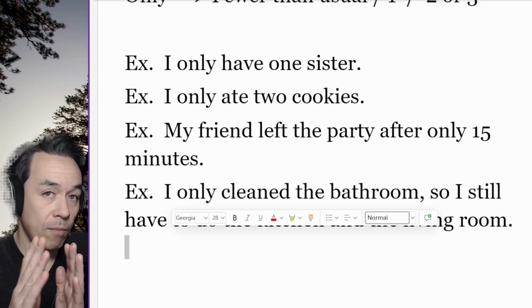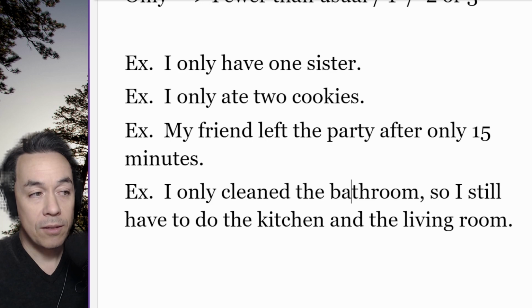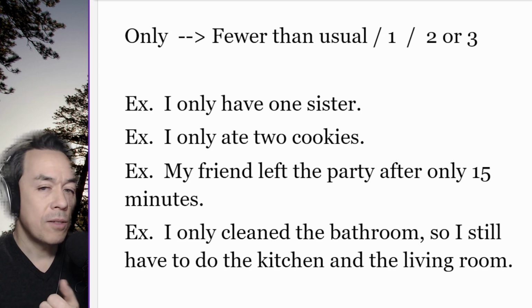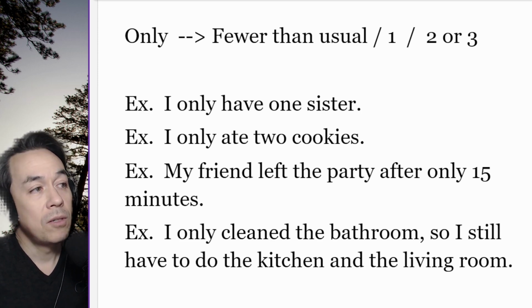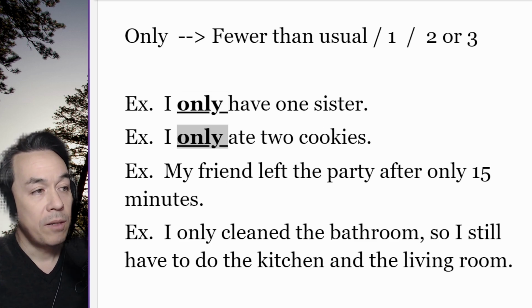So the full set is 3, the full mission or task is 3, but at the moment, only 1. Okay. So this is usually not so difficult for my students here in Japan to understand and start using immediately.